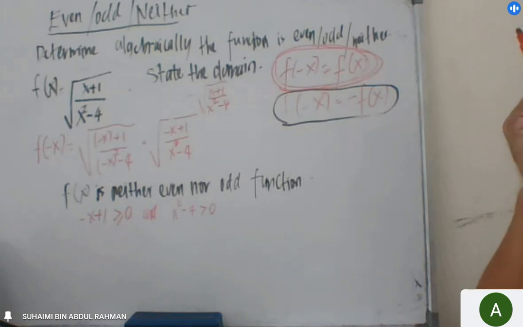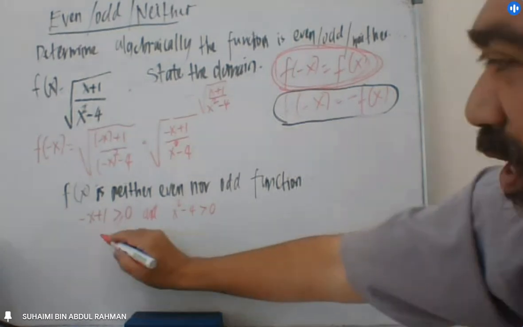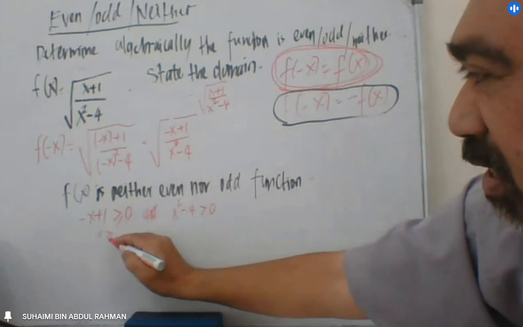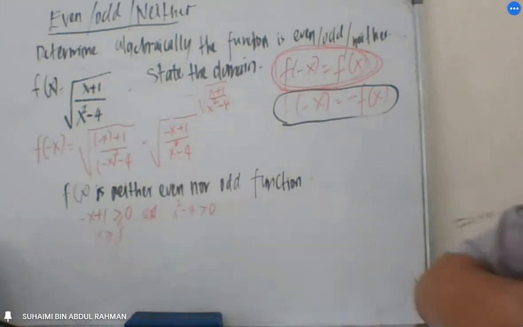Denominator cannot be 0. So we have here x must be greater than or equal to 1. Any questions so far?